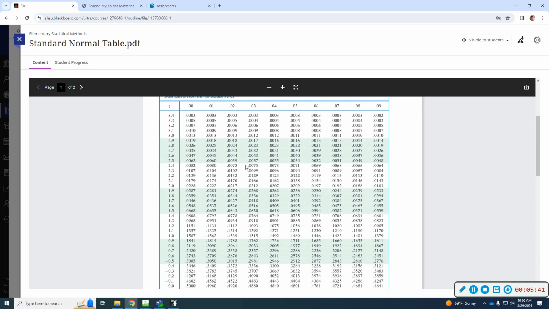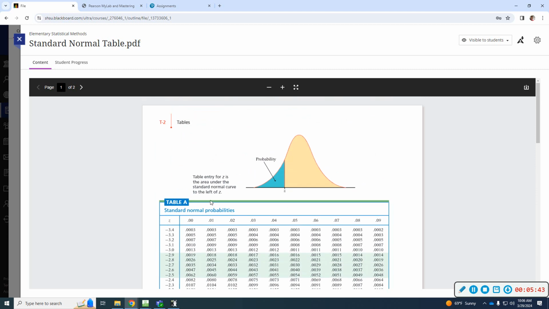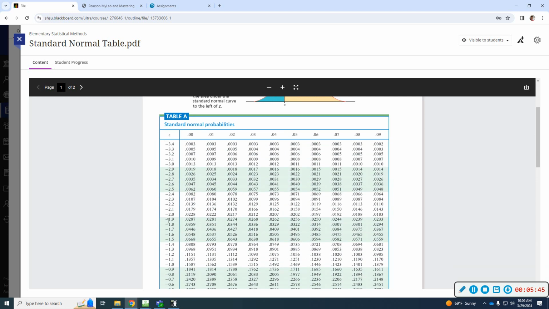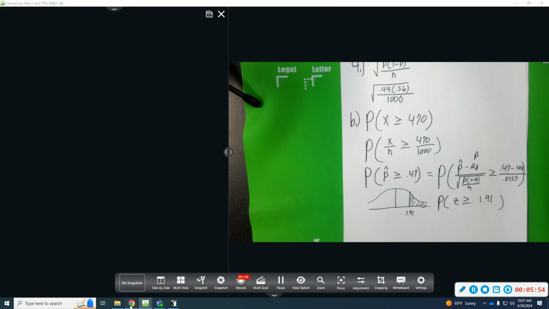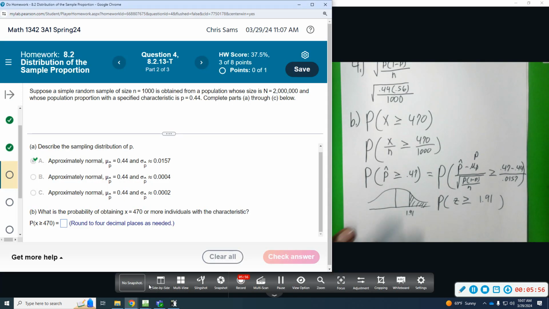It gives the area to the left, so I can just look up negative 1.91. So we're looking at 0.0281. But most of the time I'm using StatCrunch. 0.0281, that's the answer we're getting from the Z-chart.